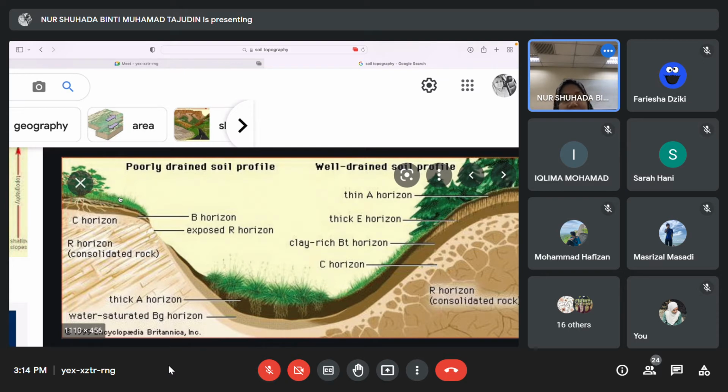Okay, so you can see that the horizons are not as obvious as here, but what I want to show you is at the apa panggil ni the side hill, okay, which there is almost no soil formations if you compare this and this. Okay, this one is because there is grass on top of the hills, meaning that when you have cover crops ataupun grass ni tadi, it will reduce the process of erosion ataupun pergerakan tanah tu.